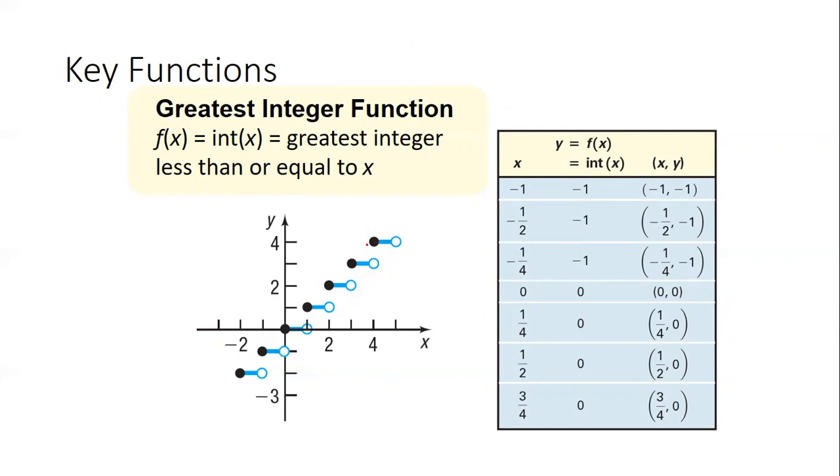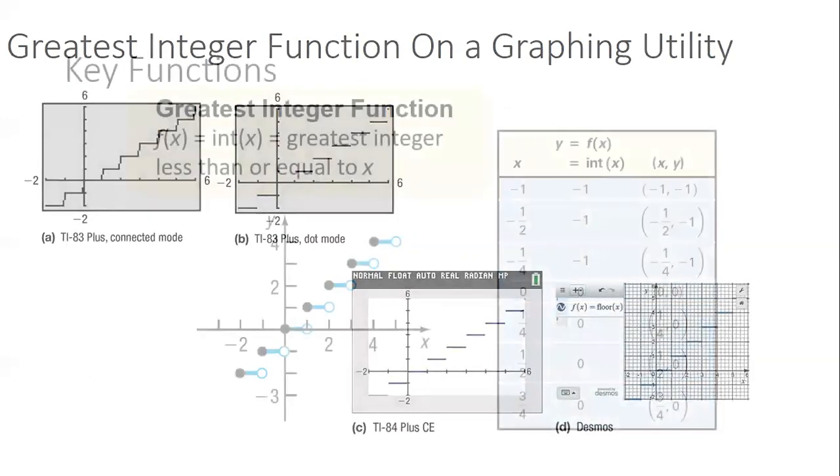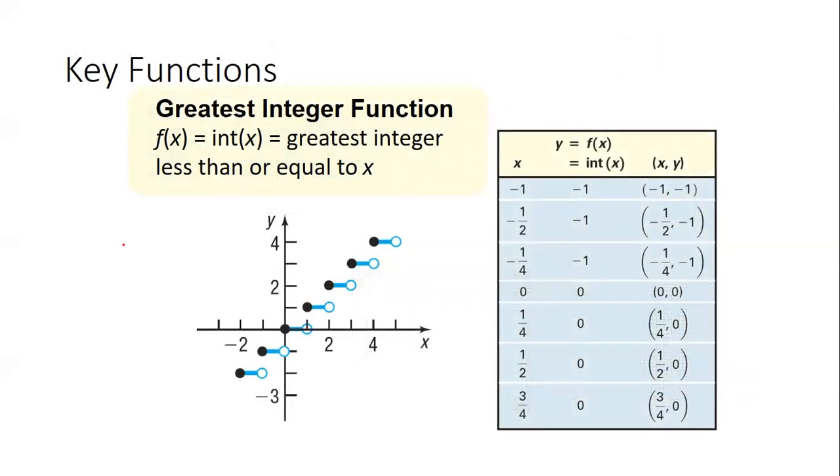Notice how this one rounds down because our greater values are not included. There's two types of greatest integer function. We have what's called the floor and the ceiling. So if you want to take a stab at it, the floor is going to round down and the ceiling is going to round up.